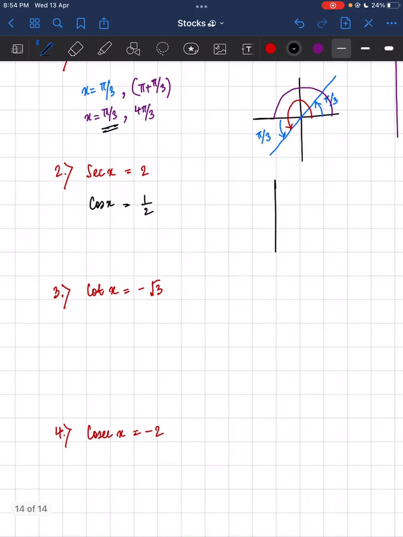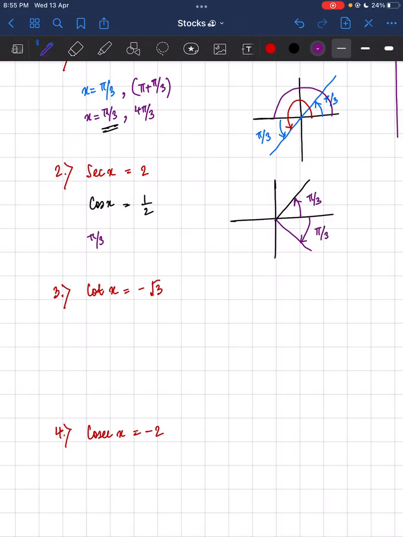I will just find out. So here we have the first quadrant one, and here we have the fourth quadrant one. For the first quadrant one, the angle will be pi by 3, again 60 degree, because cos 60 is half. So the principal solutions will be pi by 3, and the other one will be, this one is how much? This one is pi by 3.